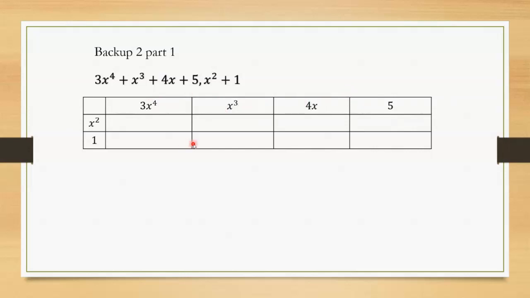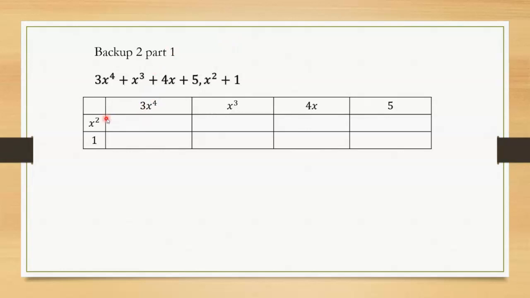That's what I like to do. With the other polynomial, the terms are going to give us rows. You could interchange it, so the polynomial with more terms gives you rows, and the polynomial with fewer terms gives you columns. It's up to you.